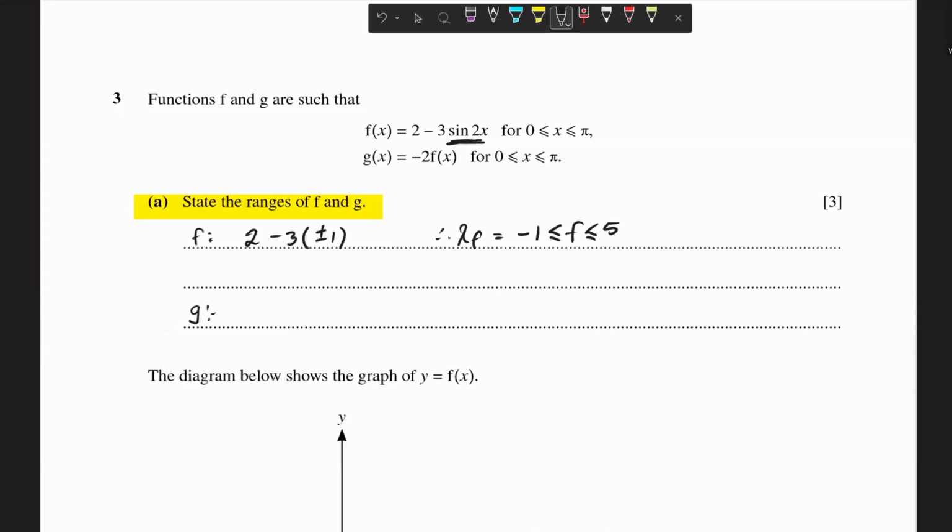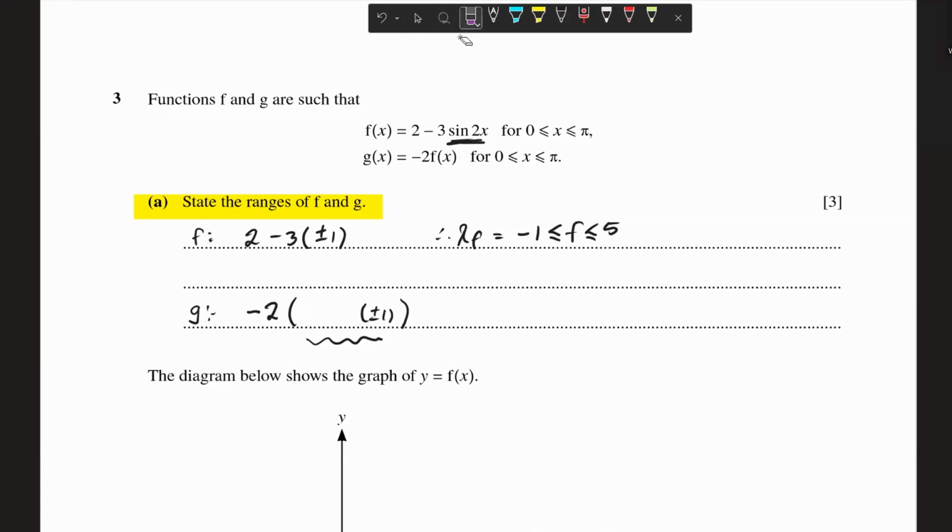Which is minus 2 of f of x, which is 2 minus 3 of plus or minus 1, basically. Right, so we had gotten that the range of this function is -1 and 5.